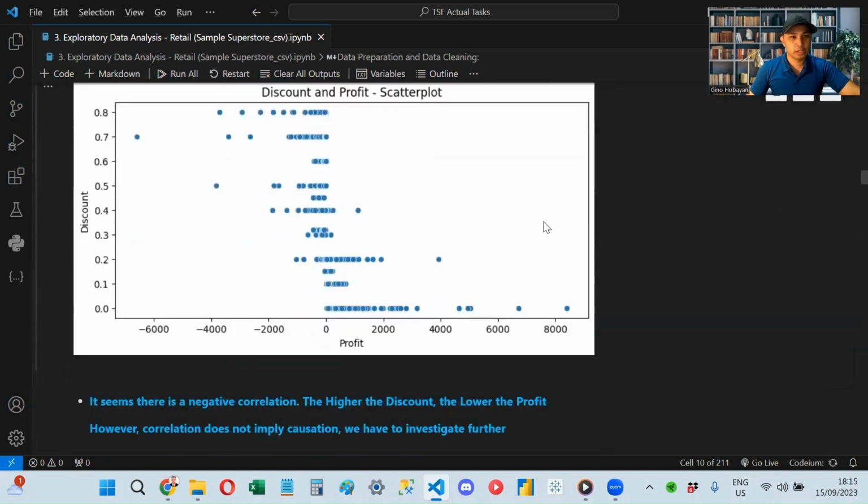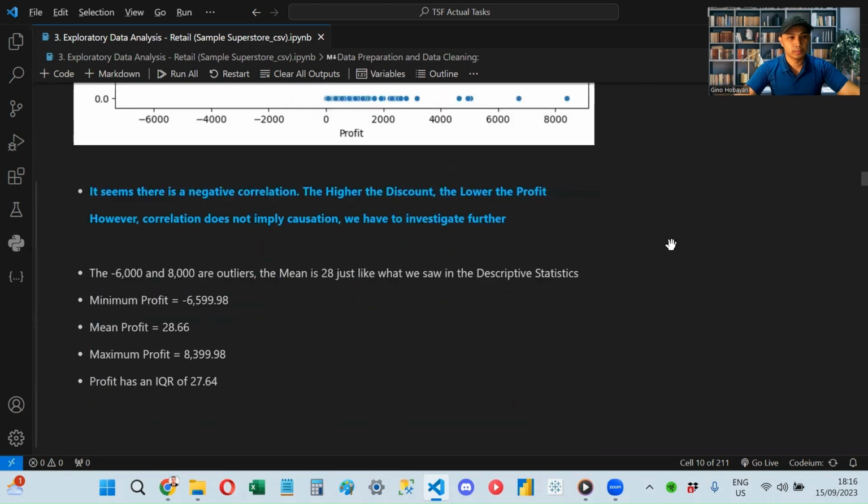In discount and profit, those with the higher discounts, here with the value of 0.8, we're not really making any profit. It's all negative, while those with the lower discounts, we're making profit. That's why there's a negative correlation. If this goes up, this goes down. However, correlation does not imply causation, and we will have to investigate further.